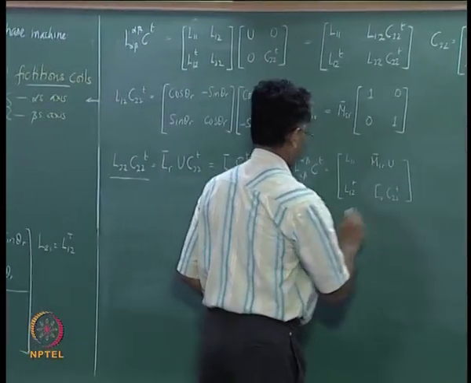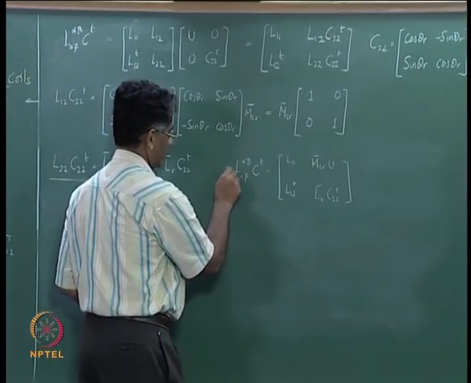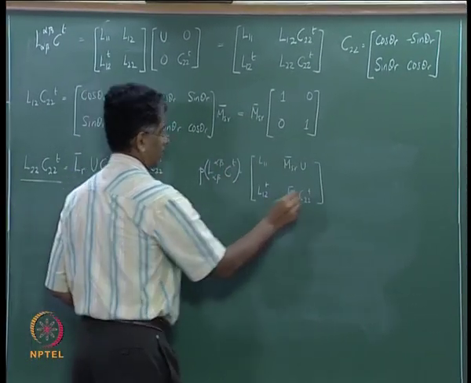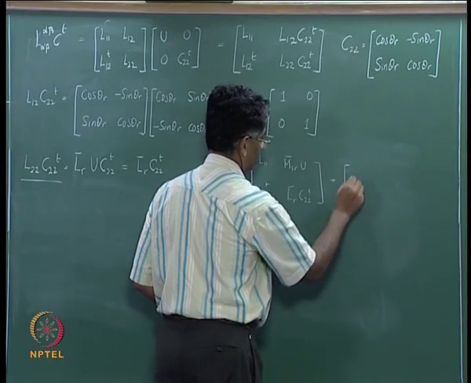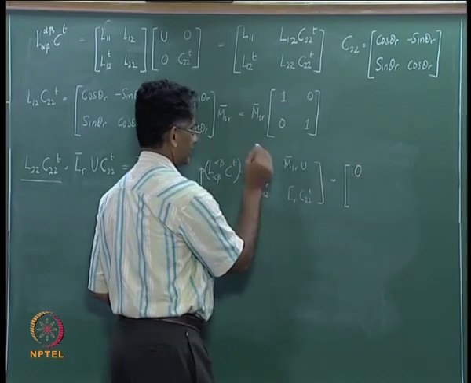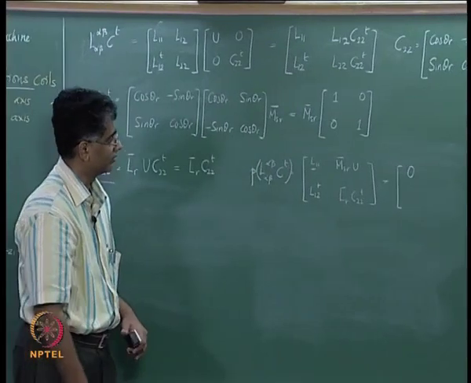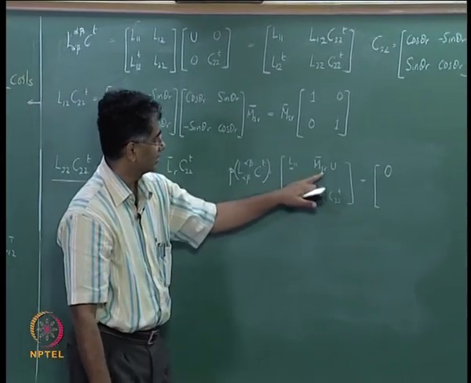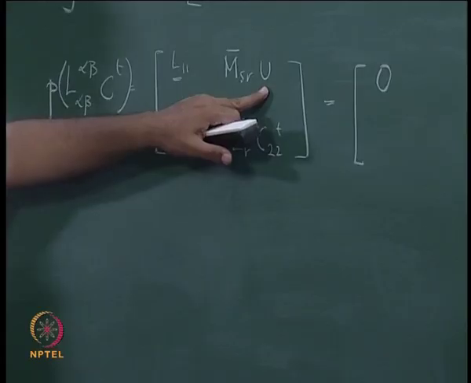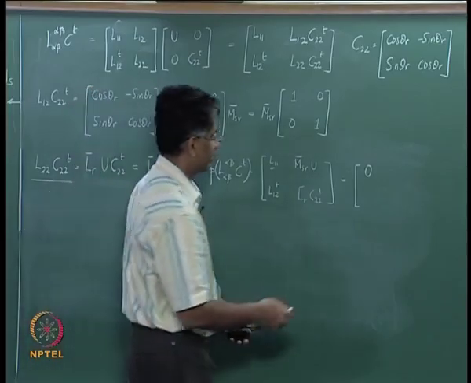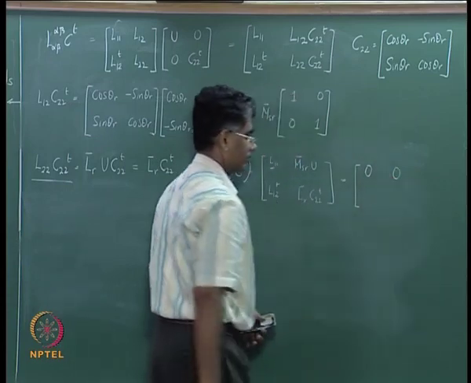So the derivative of this is equal to 0 in the first place. This does not vary with respect to time. MSR bar into U, you can see this matrix, there is nothing again varying with respect to time, therefore that is also 0.